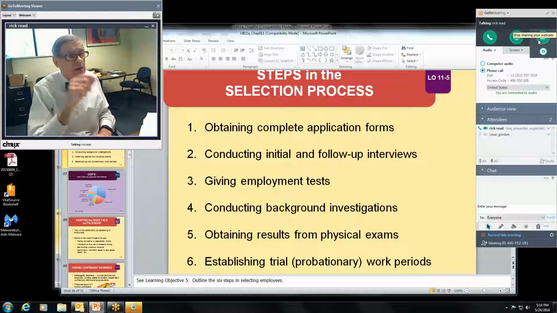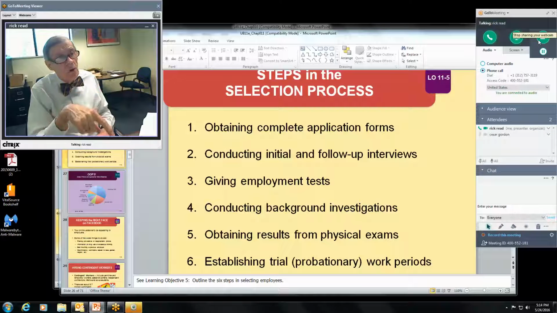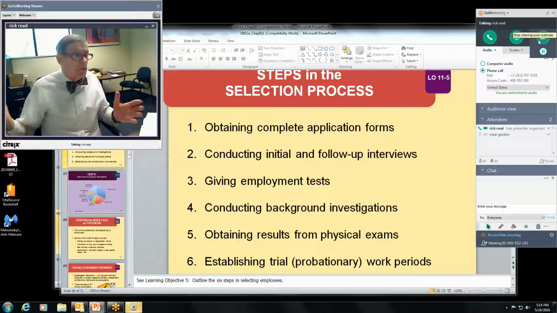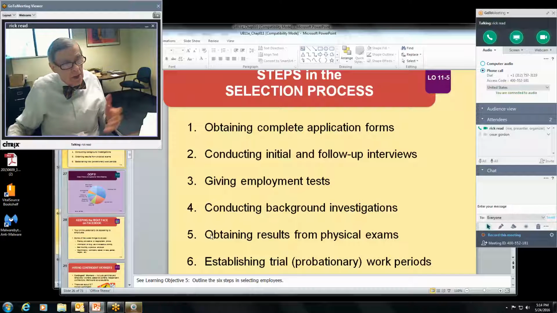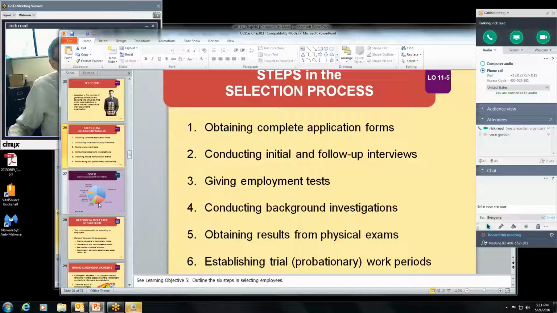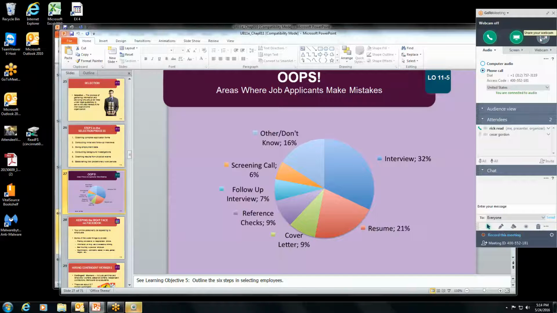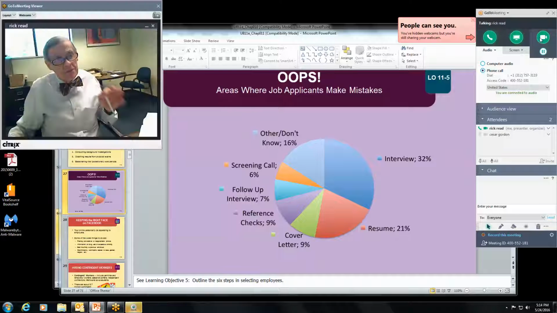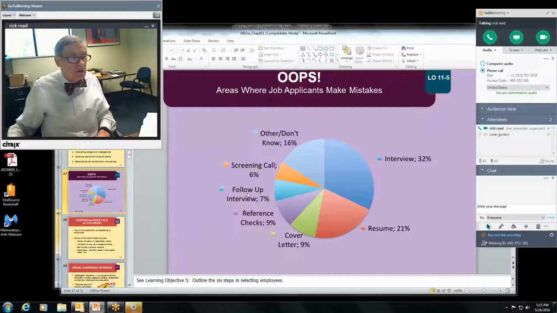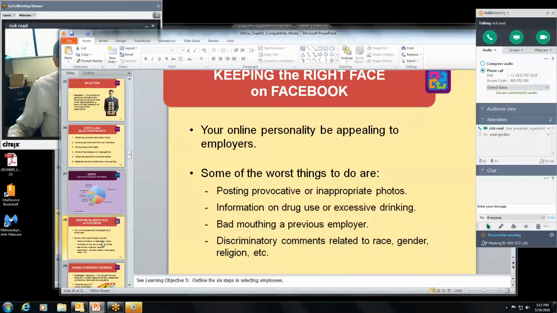A lot of times the test won't tell you how well an employee will do on a job, but it can tell you that the employee can't do the job. Do background checks, physical exams if that's required, and then a probationary period, although many places are getting away from probationary periods. This just says things that potential employees shouldn't have done on their job applications. I'm not going to go through that.